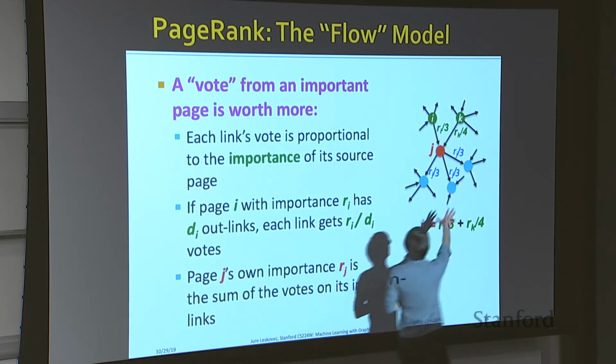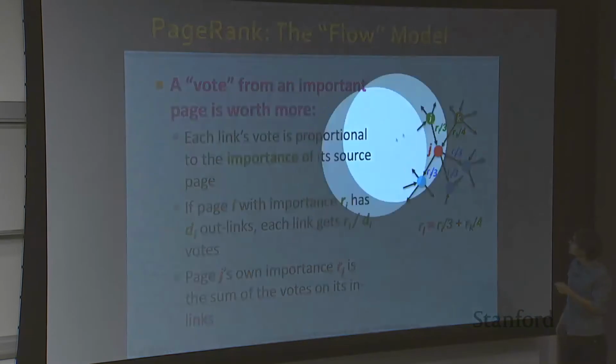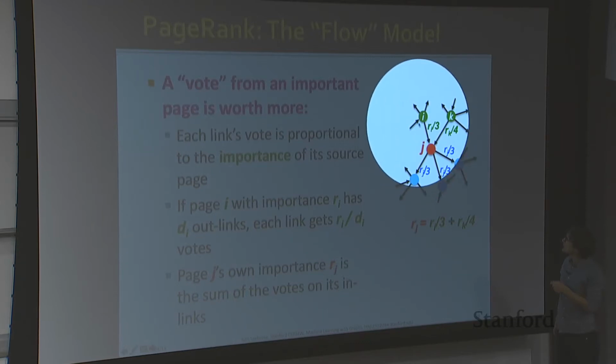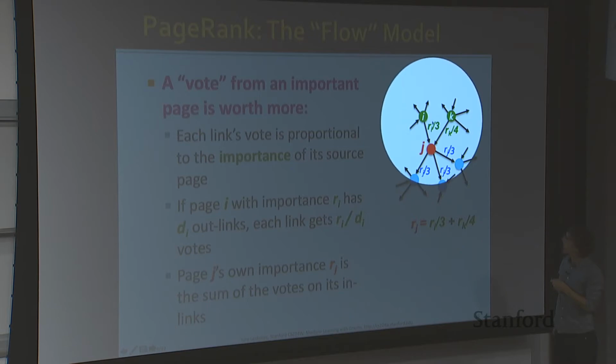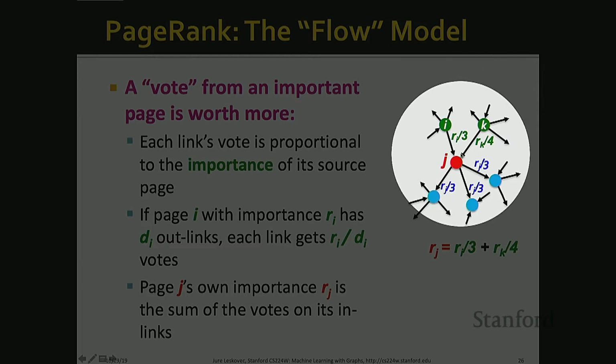So to show you here, right, this node j here will take 1/3 of the importance from node i. Why 1/3? Because i has 3 outlinks. It will get 1/4 of the importance of k because k has 4 outlinks, and it will sum that up, and that's j's own importance.